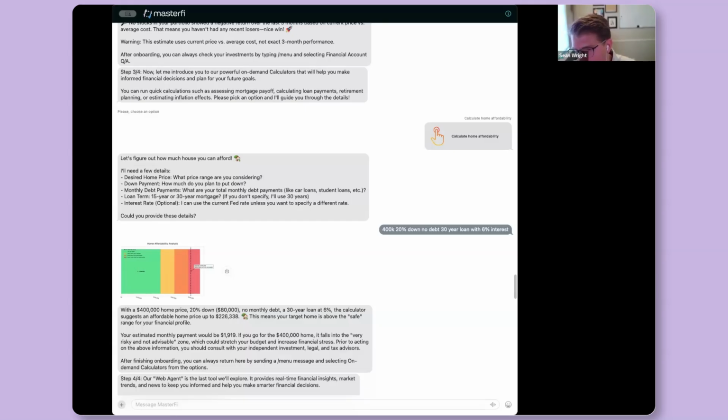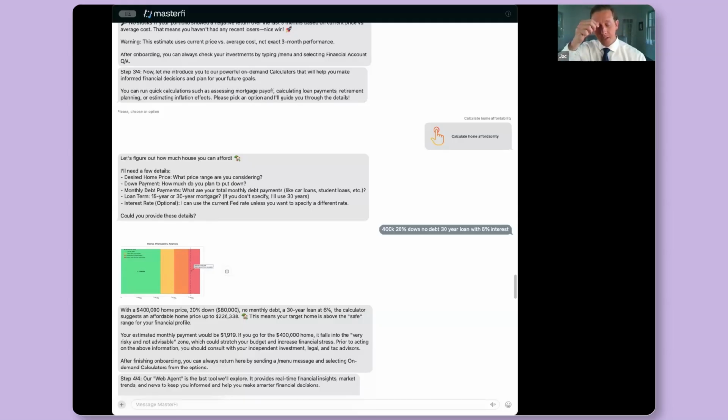So anything it recommends can be specific to your benefits, to make sure you're getting the most out of your employee benefits as an employee. It's different in that we are trying to very closely integrate with employers so you're able to optimize your benefits and ask really any sort of question of MasterFi that you want to. So I thought I would add that in there, Alejandro.